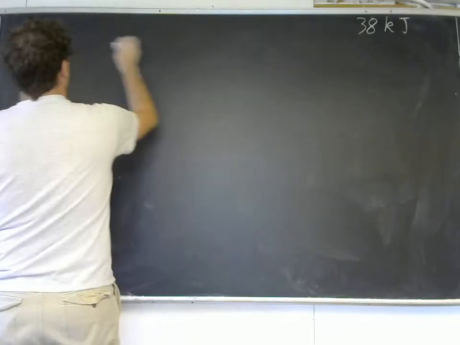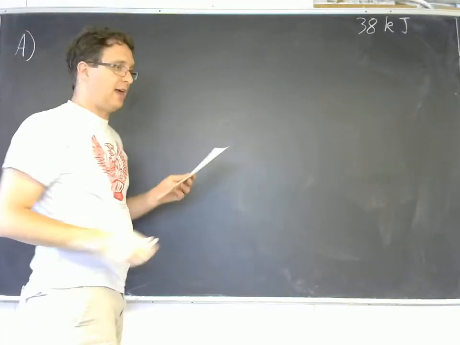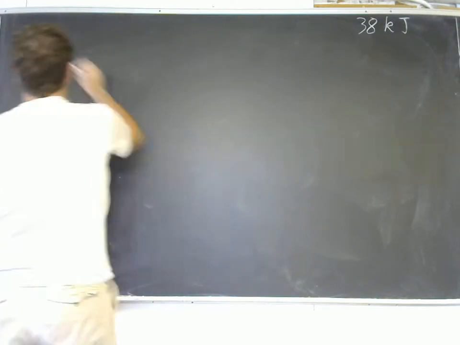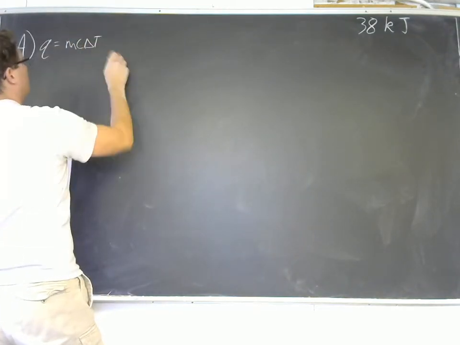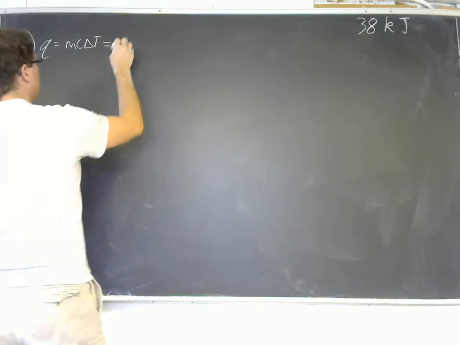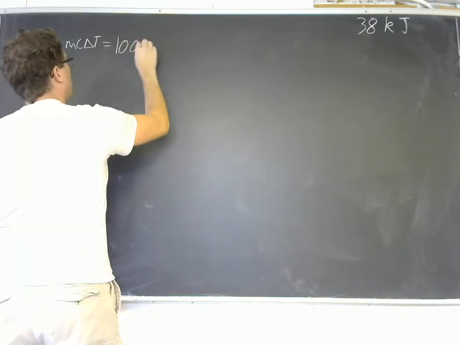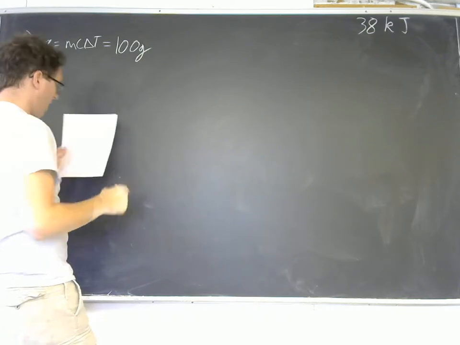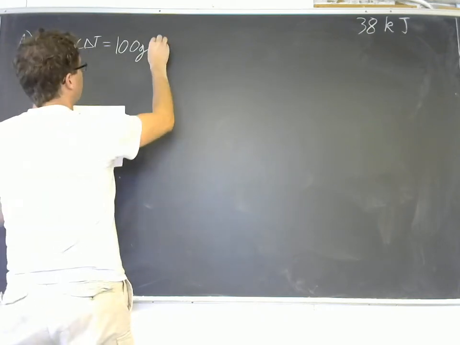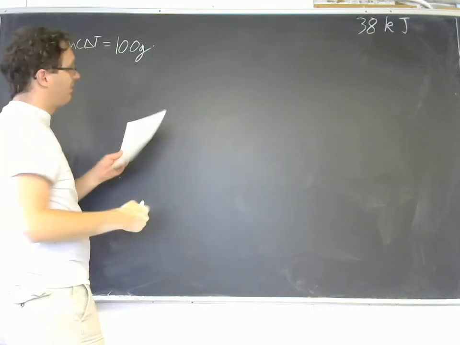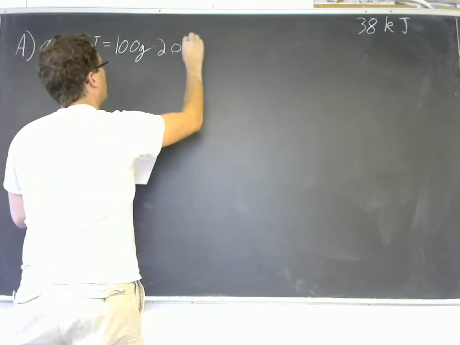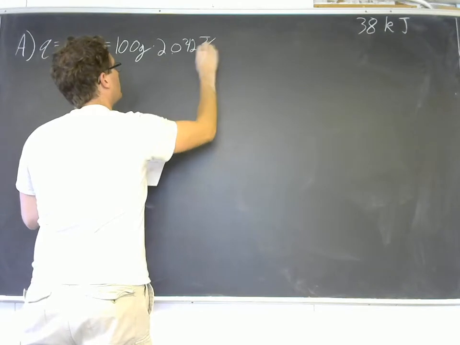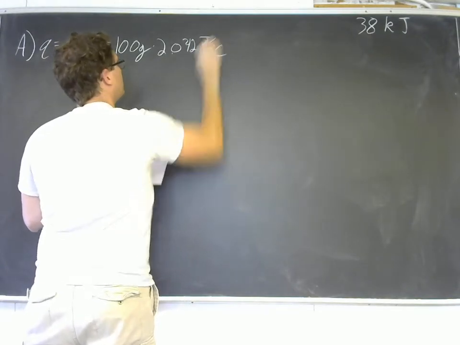Okay, so for step A, we're cooling down the steam. That means we'll use Q is equal to mc delta T. What is the mass? That's 10.0 grams of water. And the specific heat for steam, if you look at your table, is 2.042 joules per gram degree Celsius.